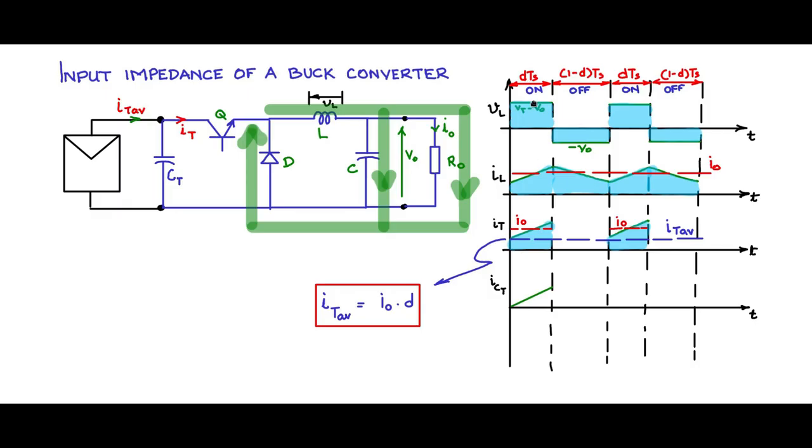So during the time when Q is on, IT average is contributing up to this line, blue line, and above that the stored charge in the capacitor is contributing this. So these two add up to give you IT.